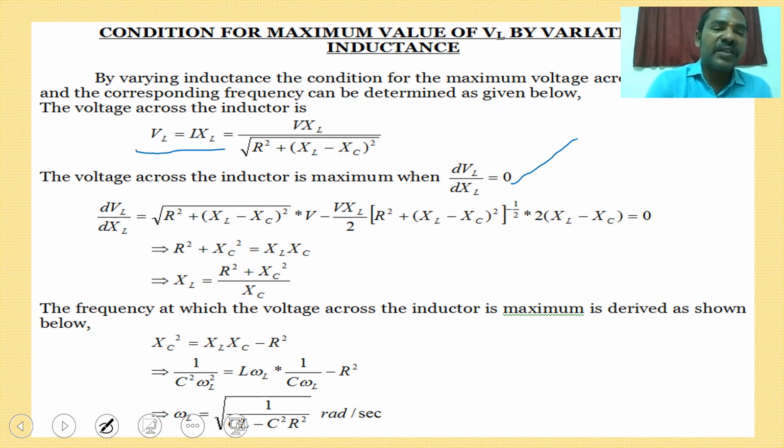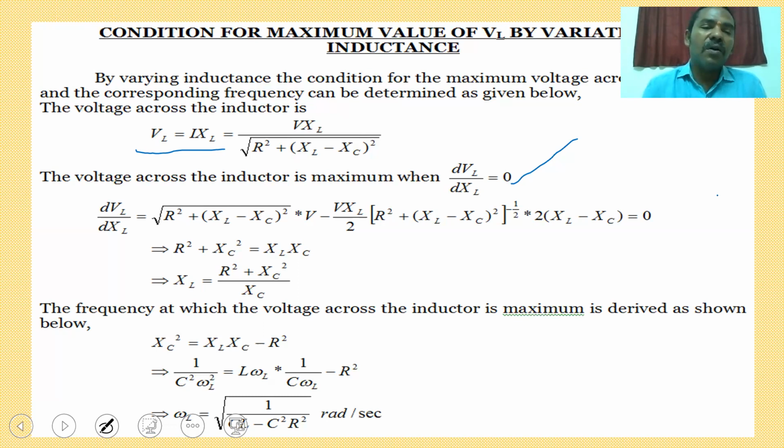So dou VL by dou XL is equal to [root of R square plus (XL minus XC) whole square into V minus V into XL divided by 2 into (R square plus (XL minus XC) square) to the power of minus 1 by 2 into 2 times (XL minus XC)] equal to 0.